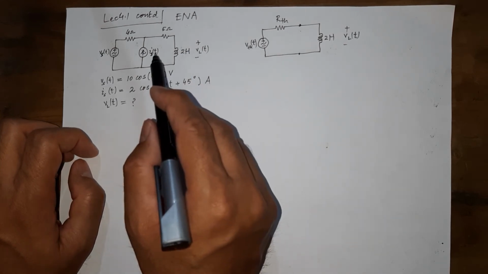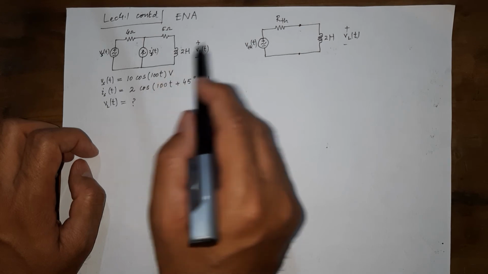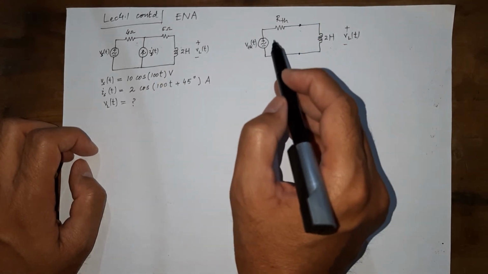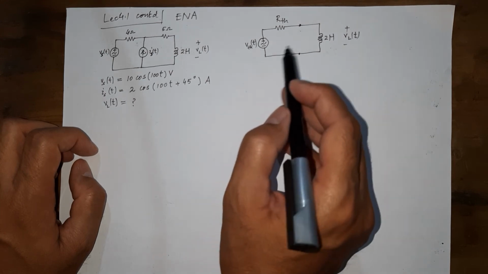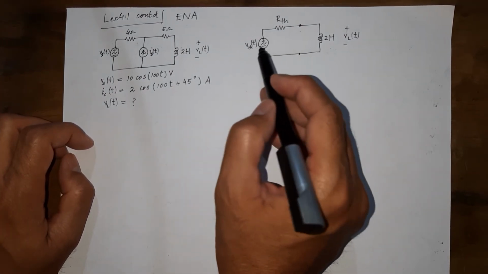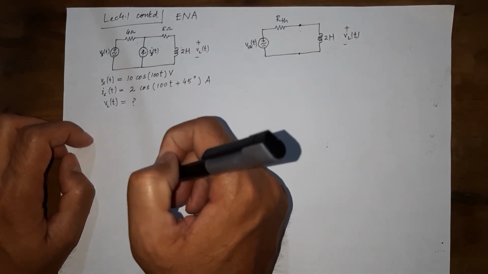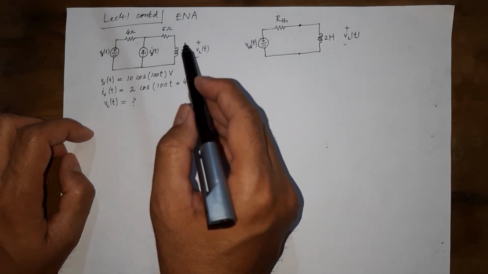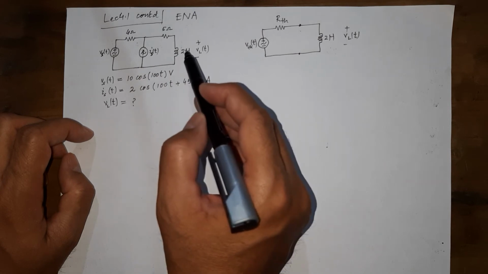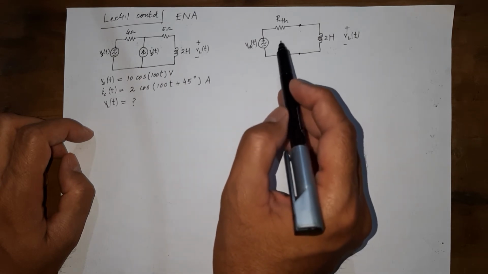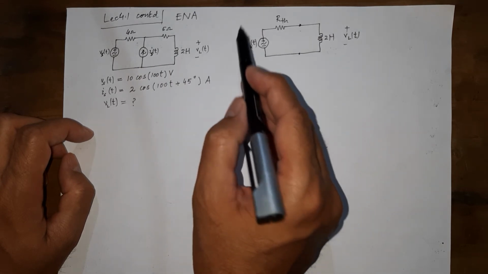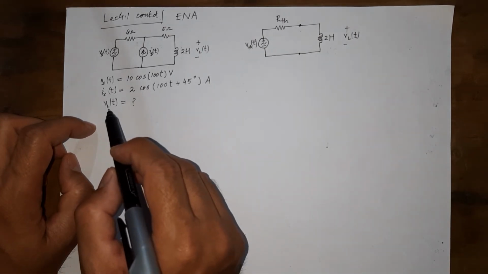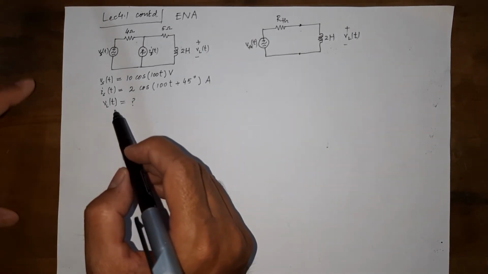However, let us stick with something simple so that we learn something. This can be done using phasors as well, but we will do this later on. In fact, you can first find the Thevenin equivalent, then solve it again to see that this VL(t) must be equal to this VL(t).